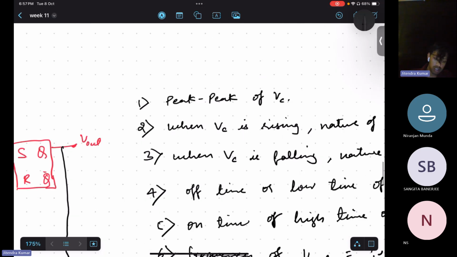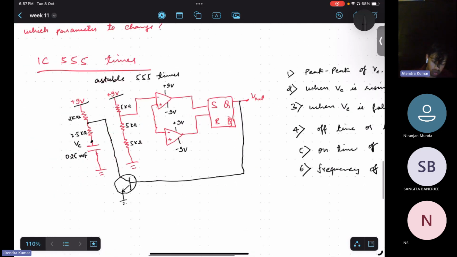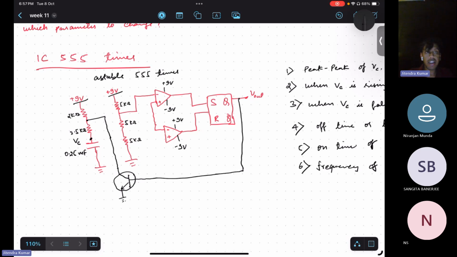So this is how this circuit looks like. In the first parallel branch, we have two resistances and one capacitor. In the second parallel branch, we have three resistances.